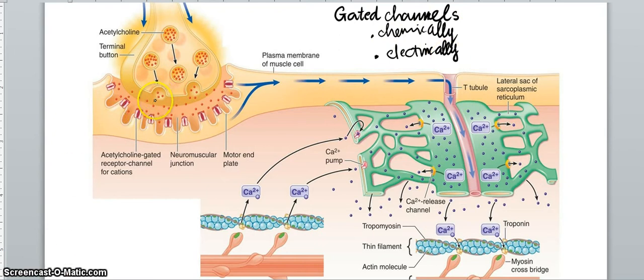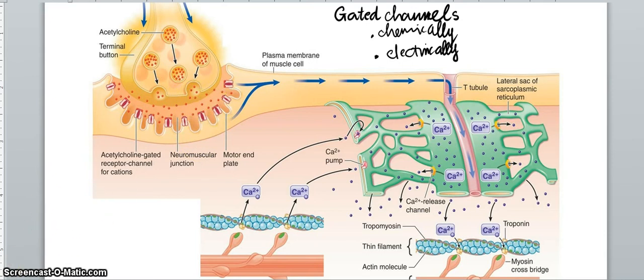When the neuron tries to tell the muscle cell to contract, most of the time it will secrete a chemical signal that can then be picked up by the muscle cell. The receptor proteins that receive acetylcholine, these little chemicals, are called chemically gated channels.